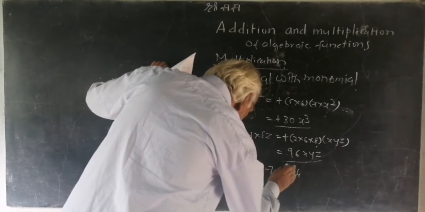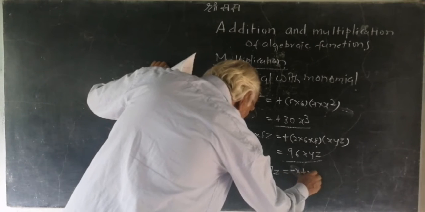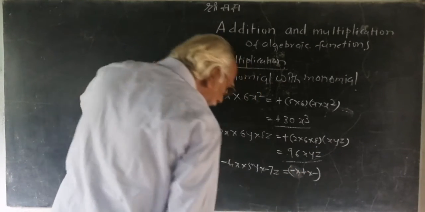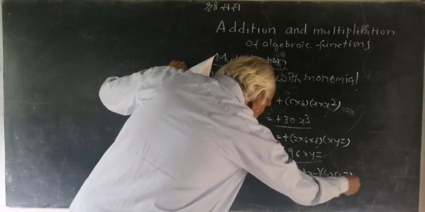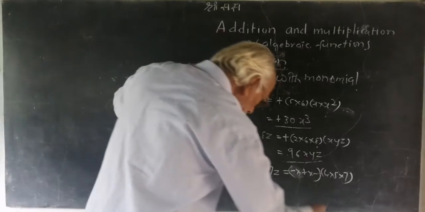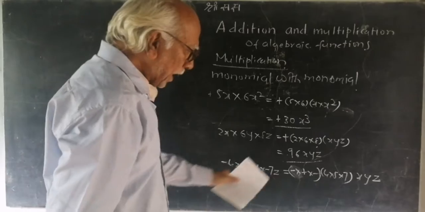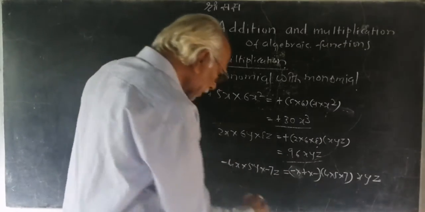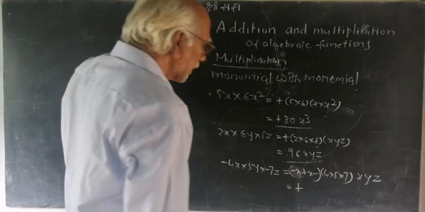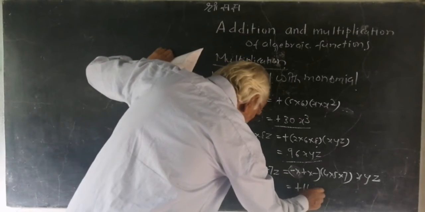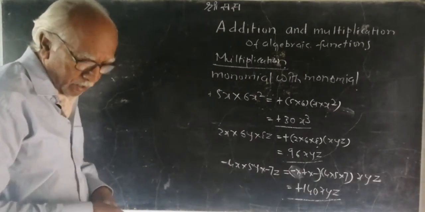First the sign, that is minus into plus into minus, and then the numbers 4 into 5 into 7, and then the variables x into y into z. So minus into plus into minus, minus into minus is again plus. So here 5 4s are 20, 20 7s are 140, and this is xyz.